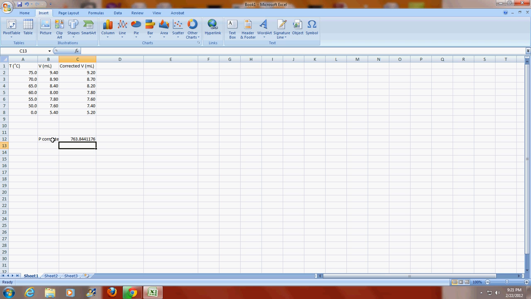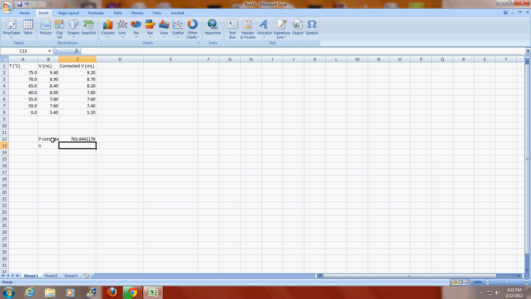Okay, and the first thing that it tells us that we need to do with that is calculate the number of moles of air. And so to calculate the number of moles of air, we have to use the volume that it gave us at 0 degrees Celsius, which was 5.4 milliliters. And we have to use the ideal gas equation, and solve for the number of moles.